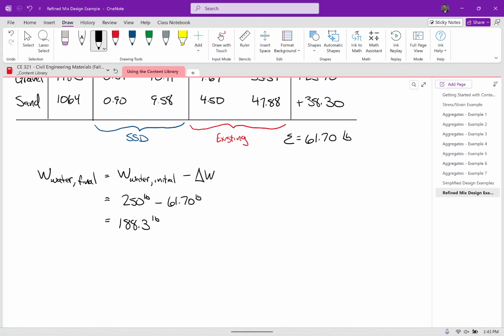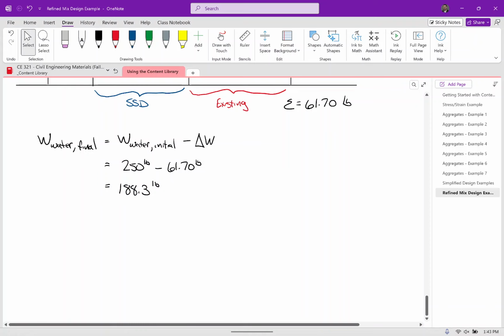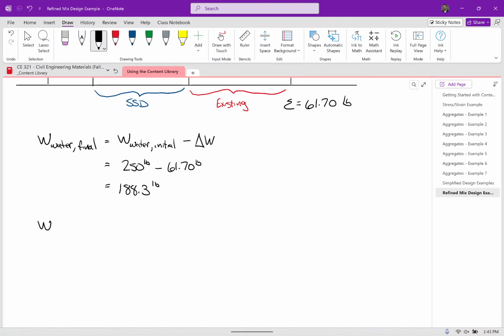Everybody okay with that? Okay. Now, what we've done is we've dropped the amount of water. We also have to correct the amount of gravel and sand, but that's pretty easy.